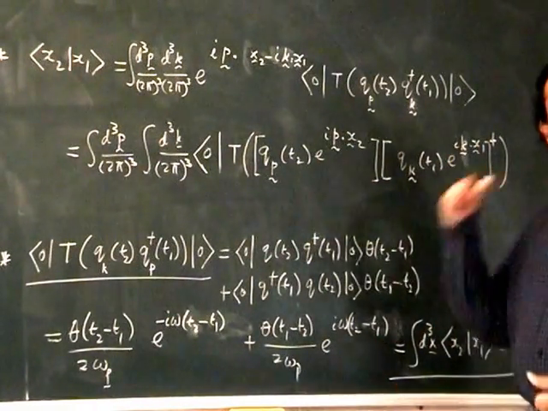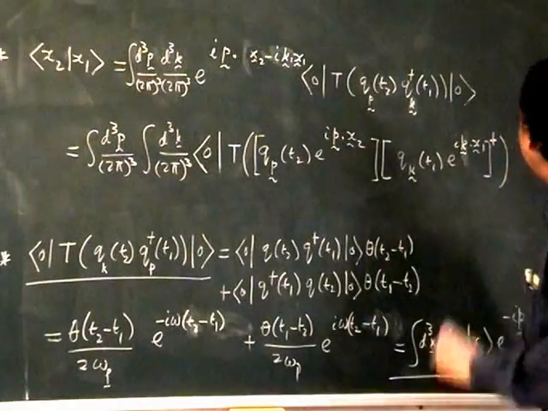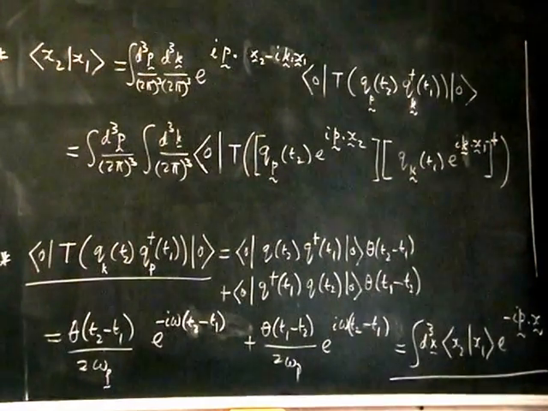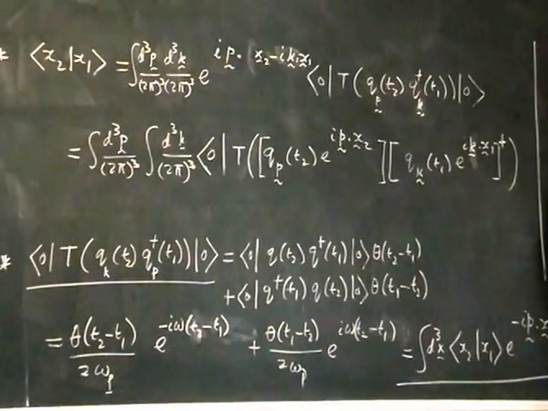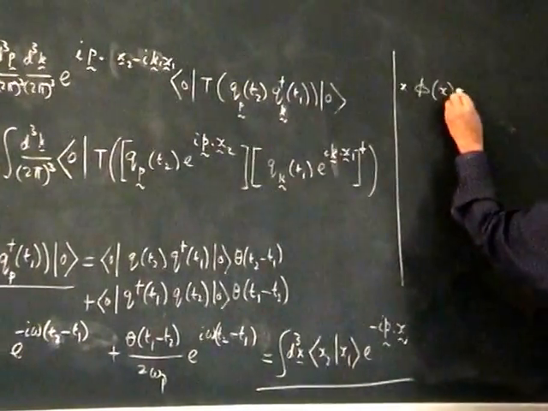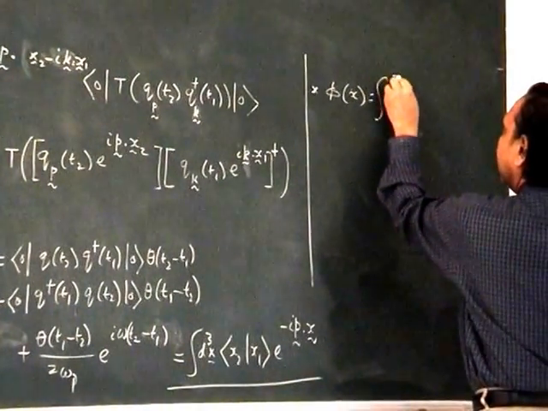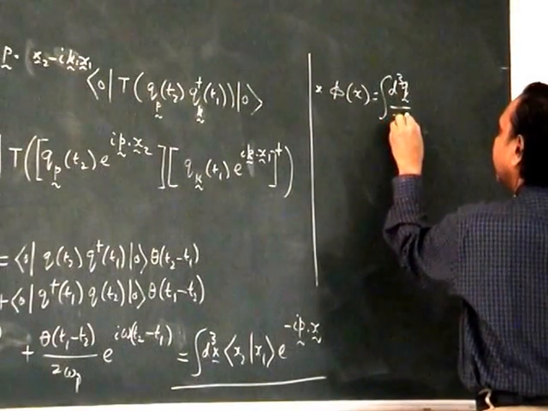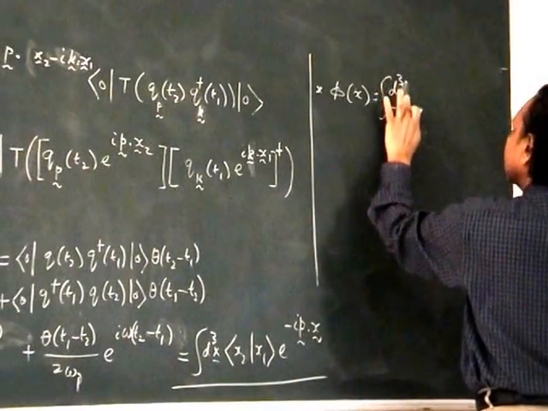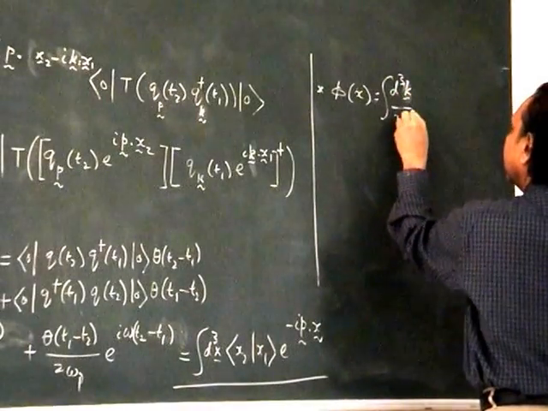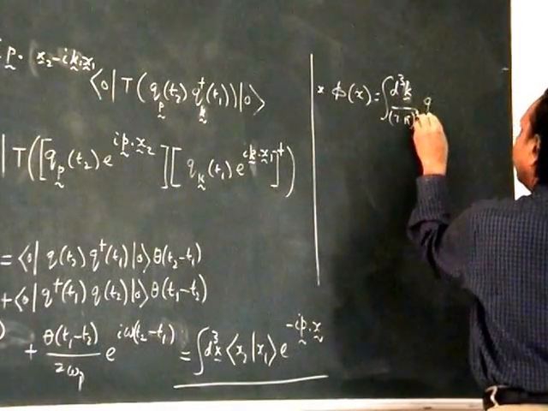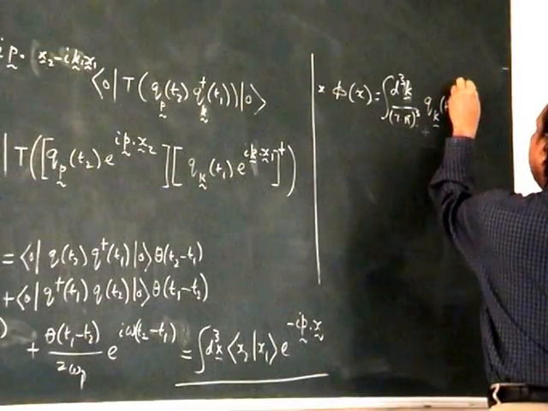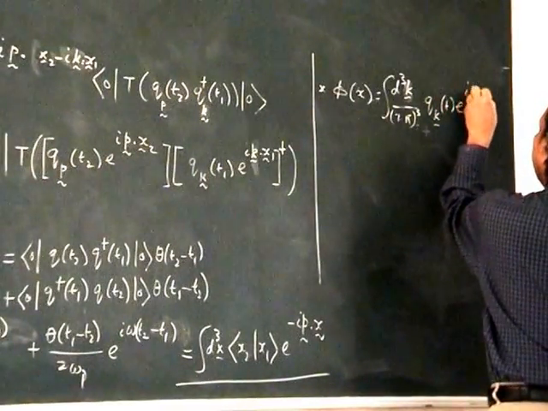Take that inside and define a new quantity, just another operator for the moment. Phi of x as the integral d3k upon (2 pi) the whole cube qk of t e to the ik dot x.